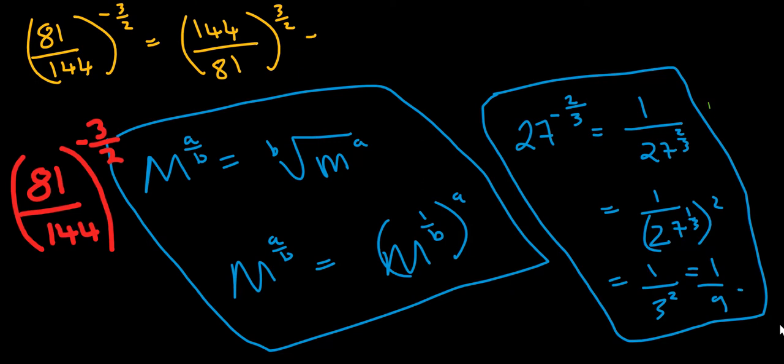We can distribute the half to get 144 to the half over 81 to the half, and then we can cube. So the square root of 144, or 144 to the half, is 12. Then 12 cubed is 1728.